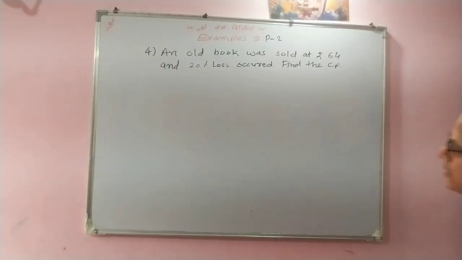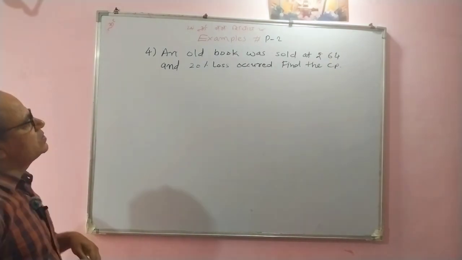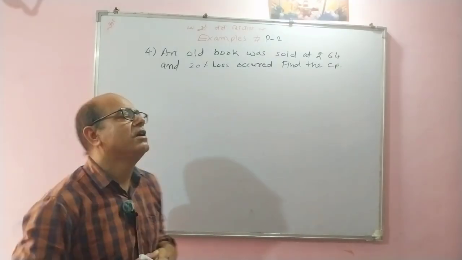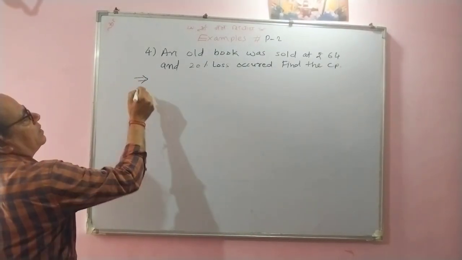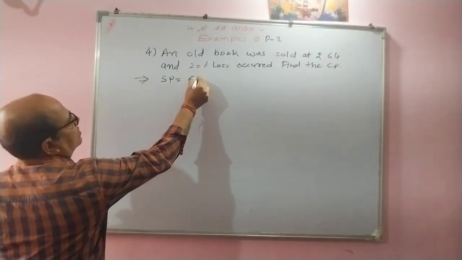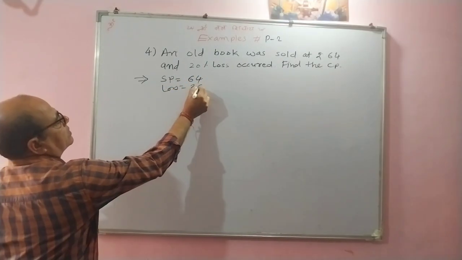Now see, the fourth example is: an old book was sold at rupees 64 and 20% loss occurred. Find CP. Here loss occurred. So first of all, what is SP? Sold means SP, so SP is equal to 64 and loss is 20 percent.